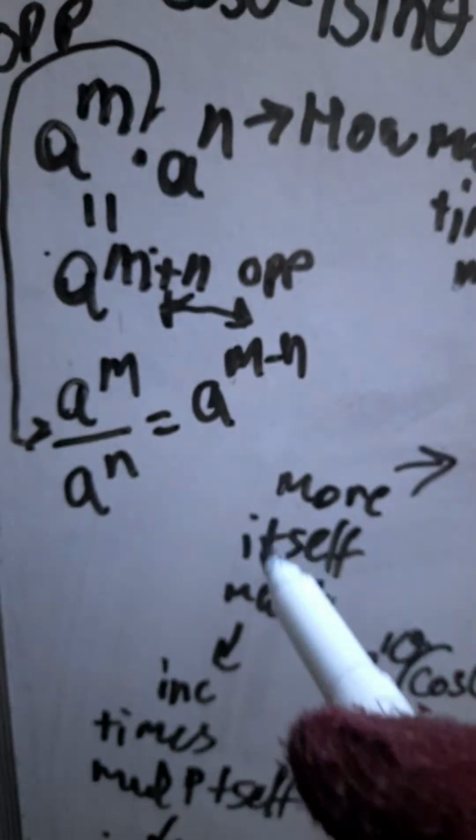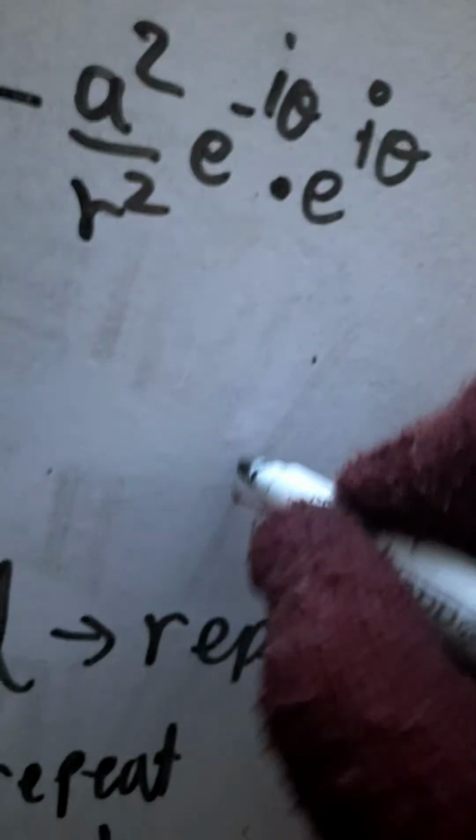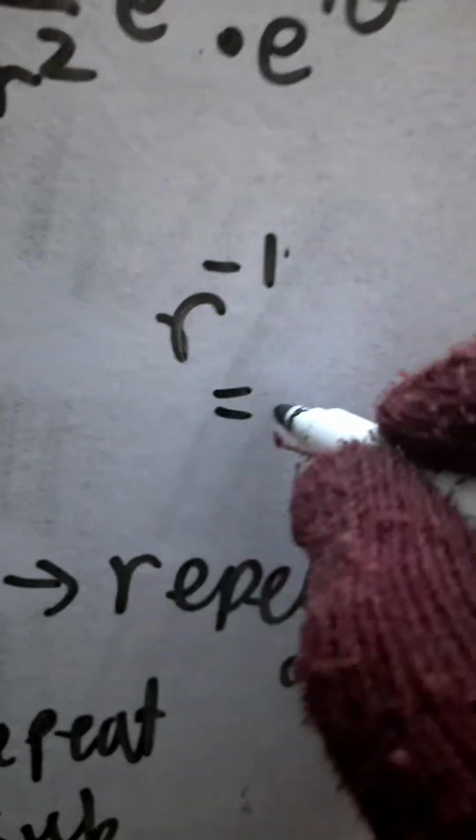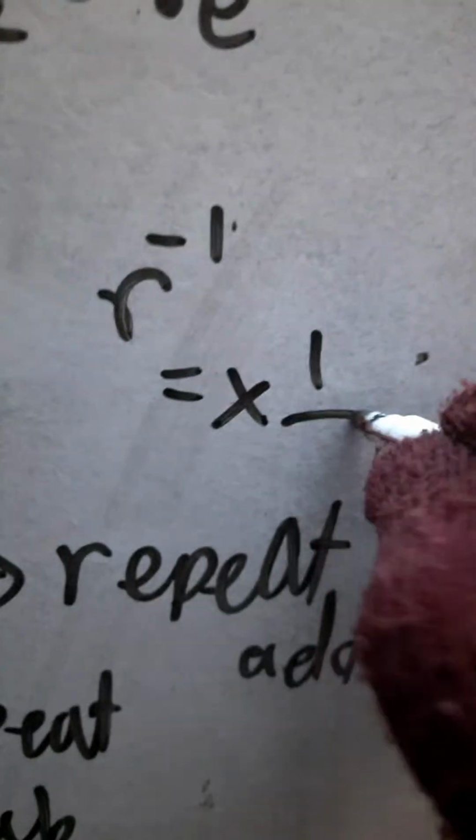So what do we do here? Wait a second, let me tell you. What I told you here is that r raised to minus 1 is equal to 1 by r. Why?